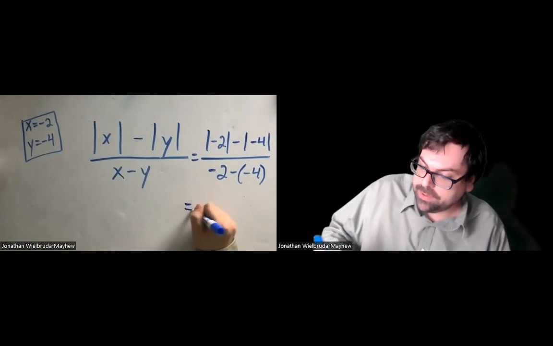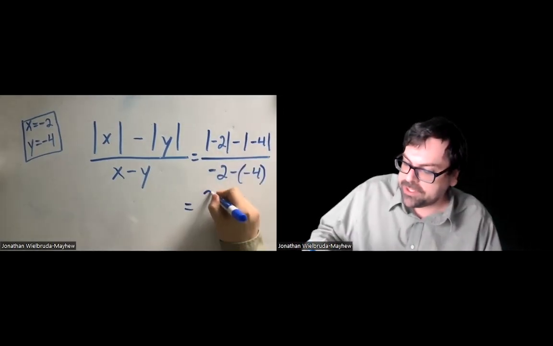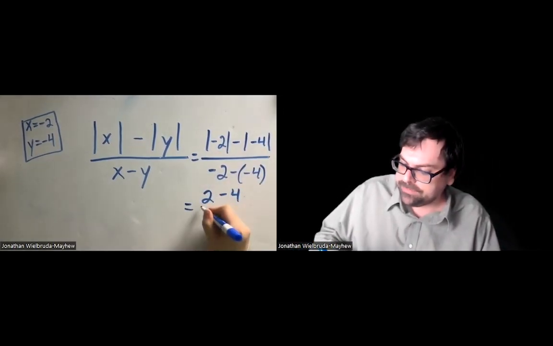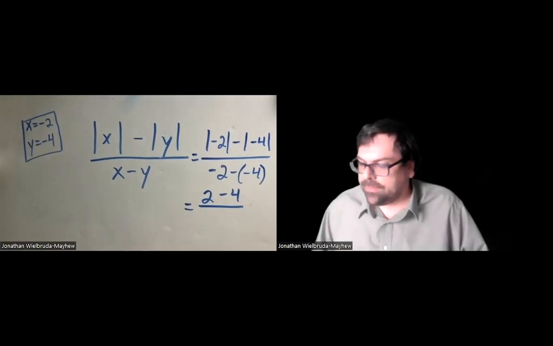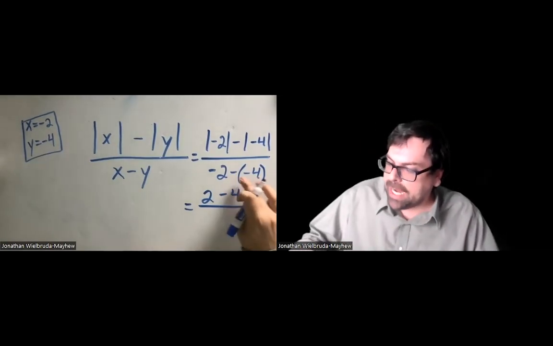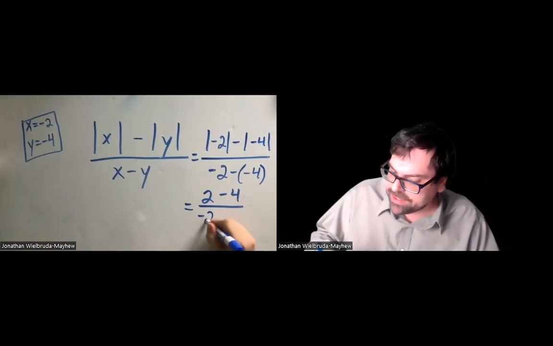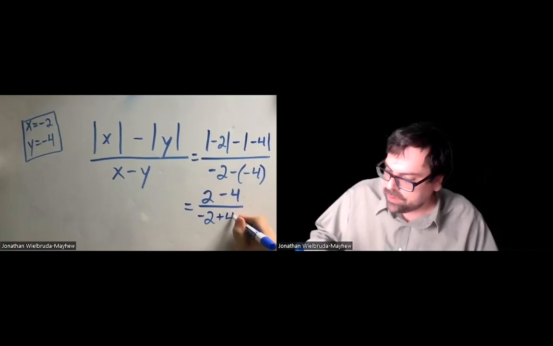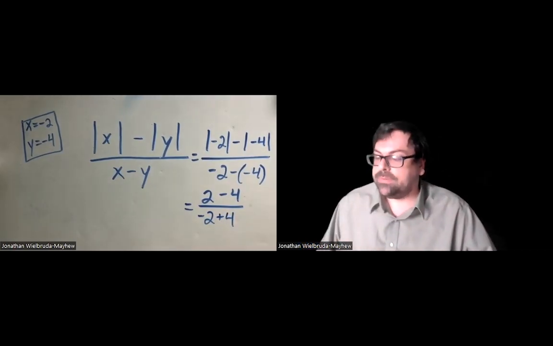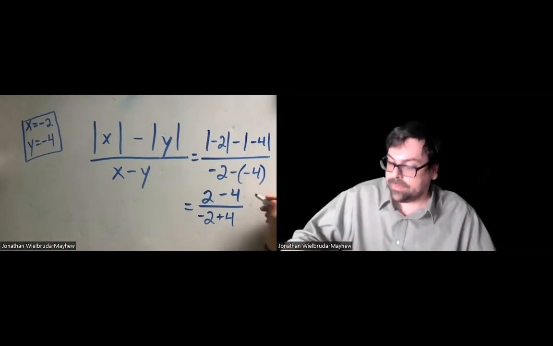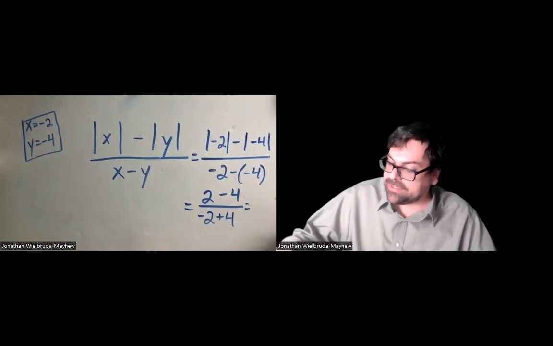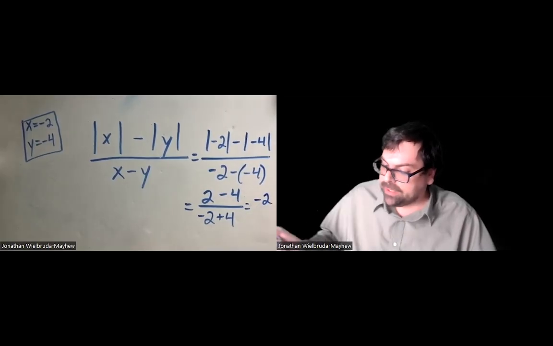On top, taking absolute values, we get 2 minus 4. On the bottom, minus a negative turns into plus, so this is negative 2 plus 4. Two minus 4 is negative 2.